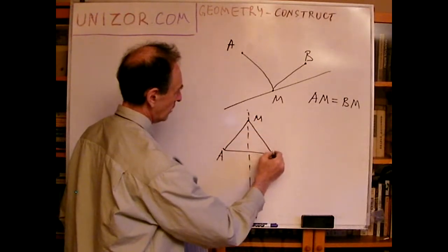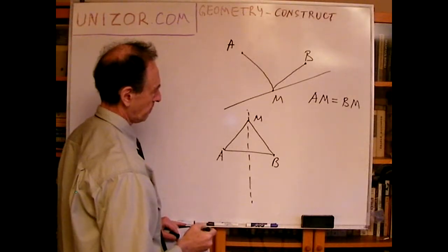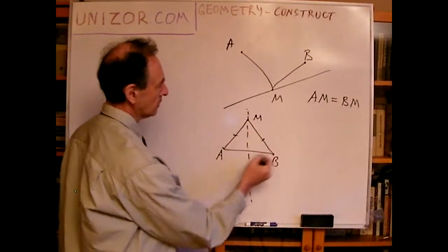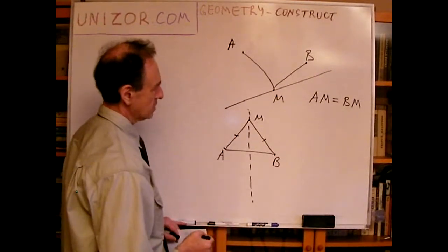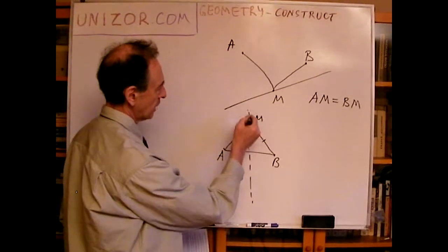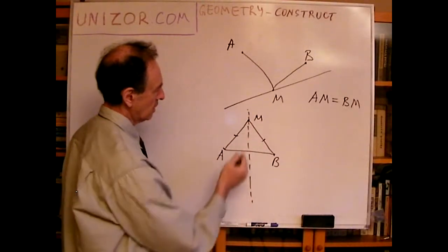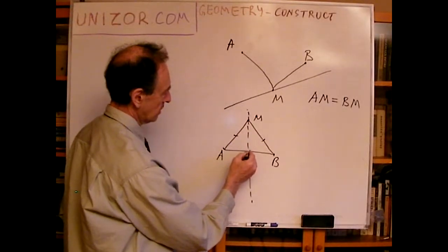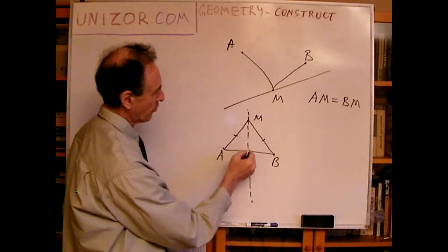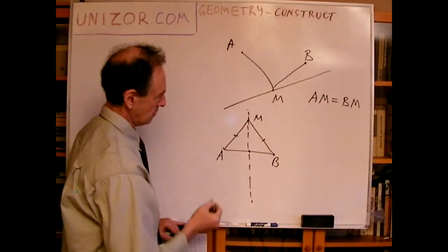Let's say point M is equidistant from A and B, which means this is equal to this. So the triangle is isosceles, and in the isosceles triangle, the altitude and the bisector of this angle and the median are all the same line, and that's why from M, the perpendicular to AB will always fall in the middle of AB.